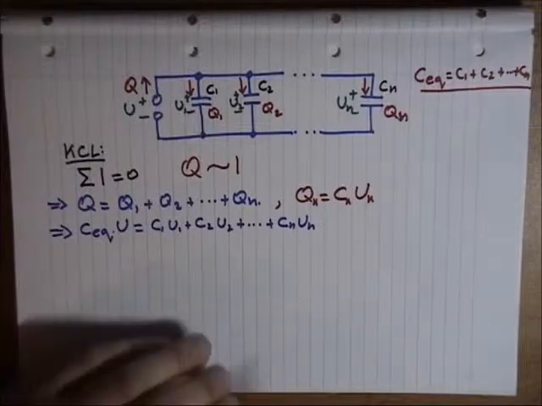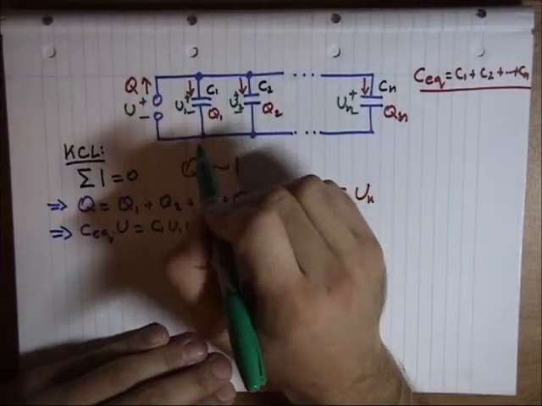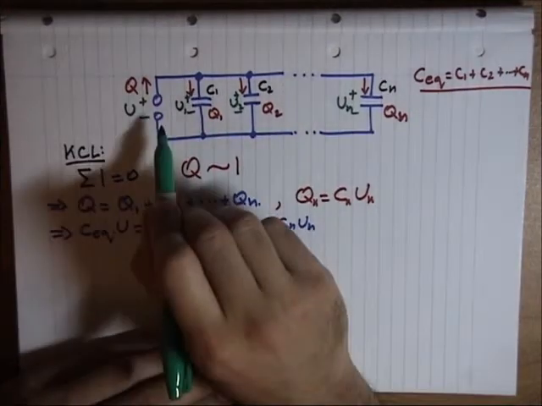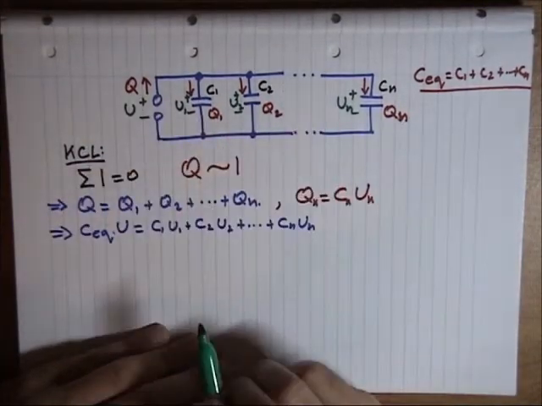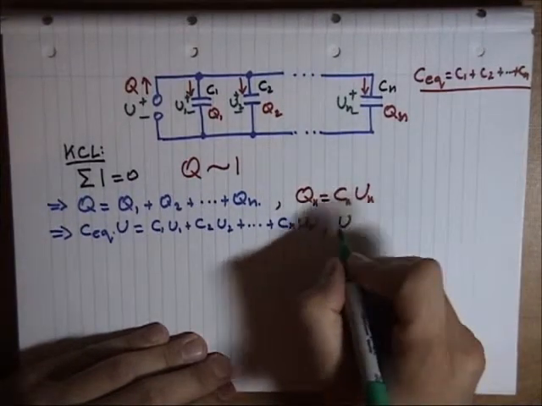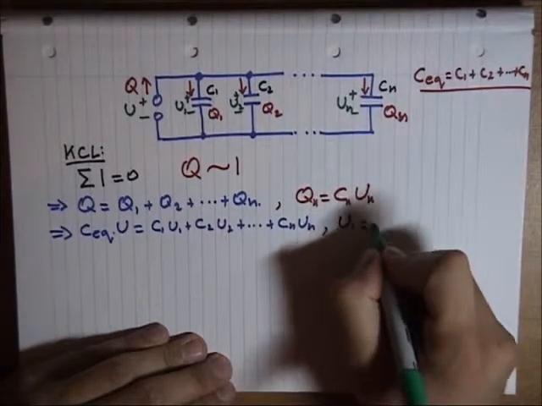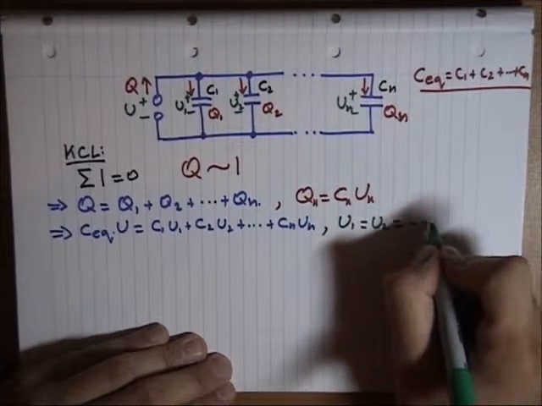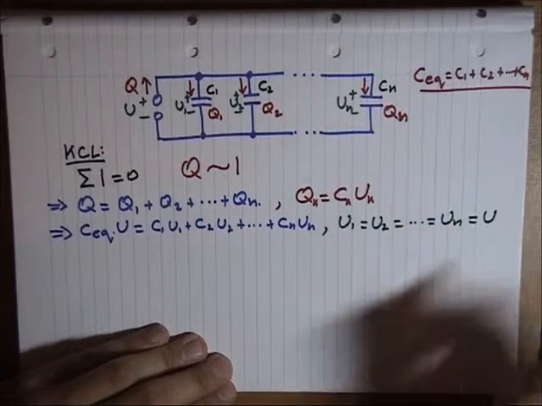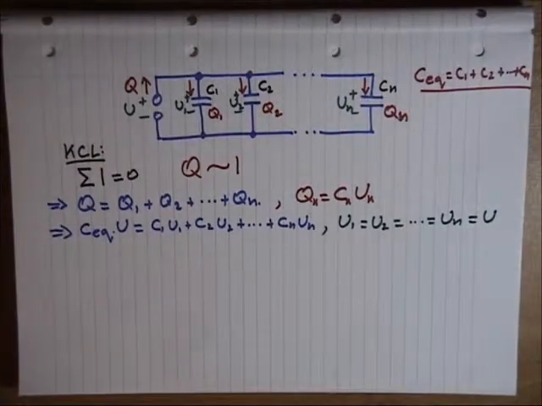Also, we know that parallel connected elements have the same voltage across their terminals. So U1 is equal to U2 is equal to Un, which is equal to the voltage of the source.